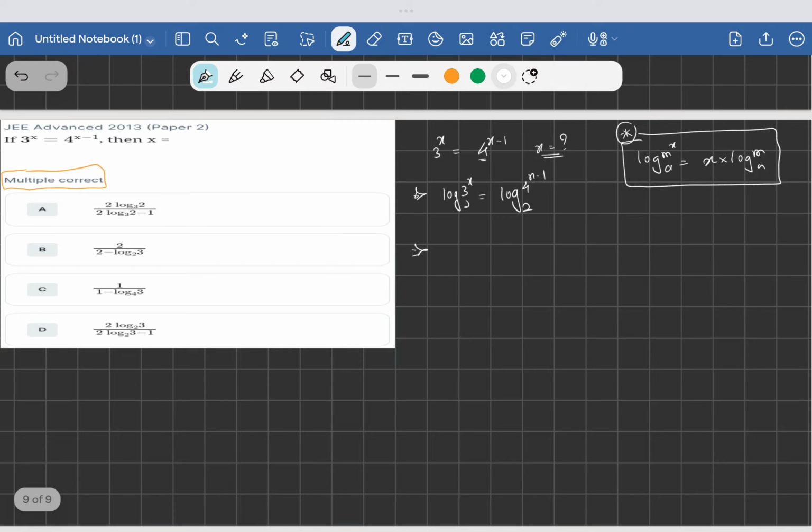When you are a child, in your infant age, parents always take you in their lap and walk around. So take this log m base a as the parent and this x as the child.